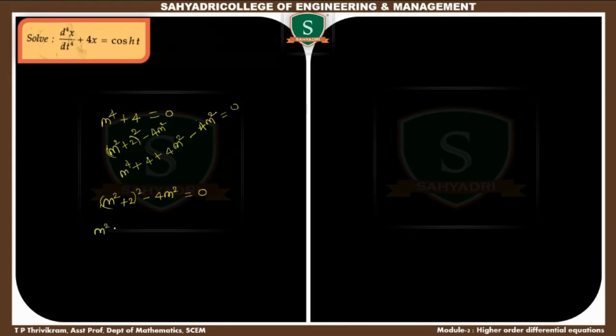So m square plus 2 plus 4m into m square plus 2 minus 4m equal to 0. Now we'll get total 4 roots. Okay. So in this way, you need to find the roots for this.